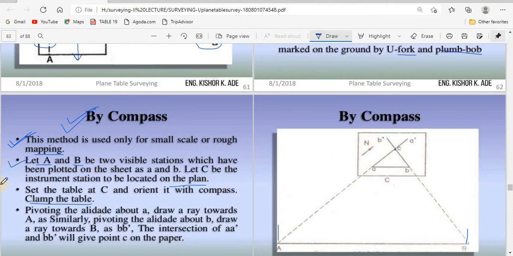After that, pivoting the alidade about A, draw a ray towards A. You keep the alidade at point C, bisect the ranging rod at A, and draw a line connecting to small a.